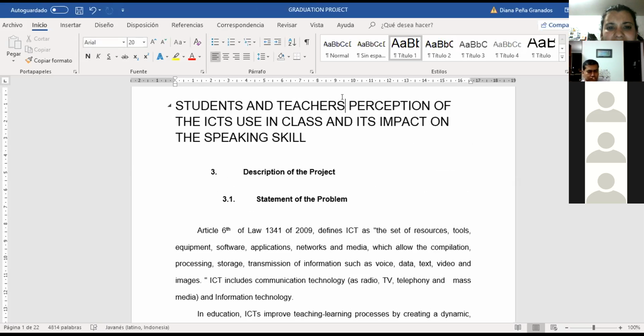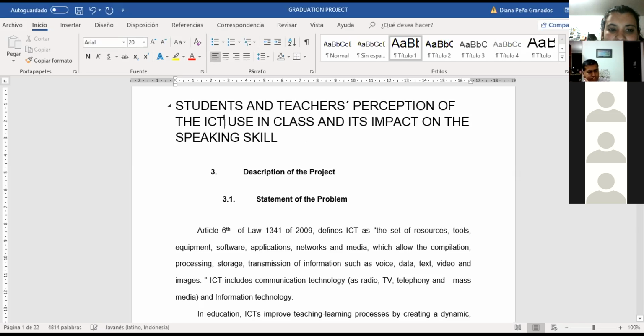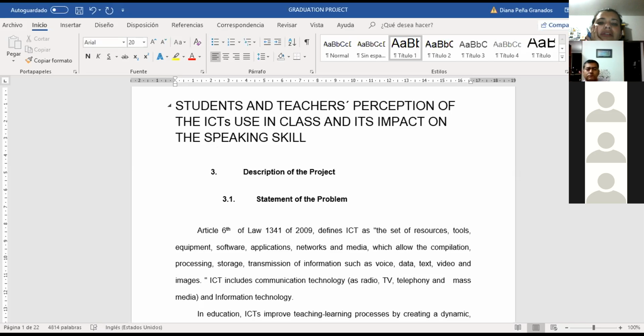Where is it? The S of ICTs is in lower case, yeah. Students and teachers' perception of the ICTs' use in an English class, yeah.